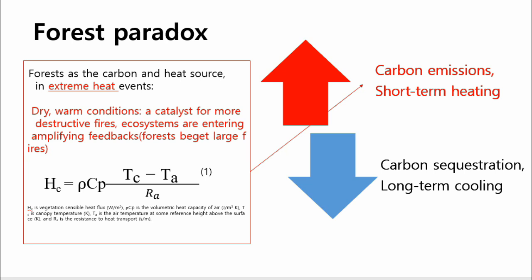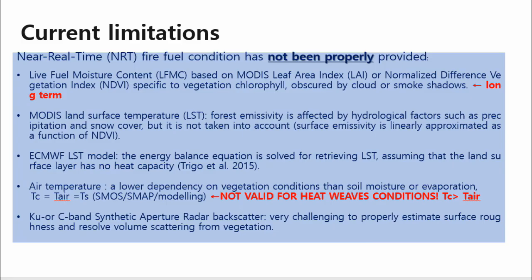To make an evaluation for that, we have to closely monitor forest temperature and fuel moistures. However, it hasn't been easy to have that information, because the currently available live fuel moisture content, called LFMC, is based on MODIS leaf area index or NDVI and the like, which is actually more specific to vegetation chlorophyll instead of the moisture itself.